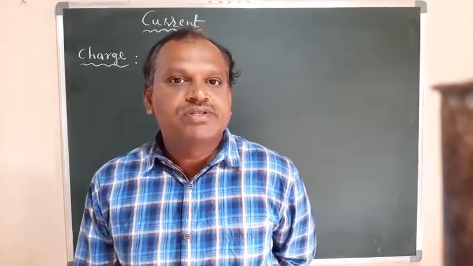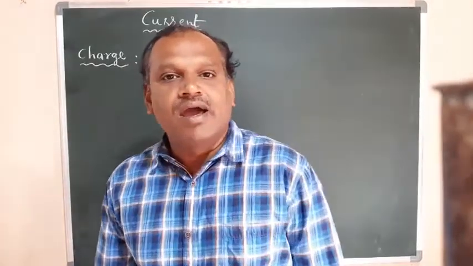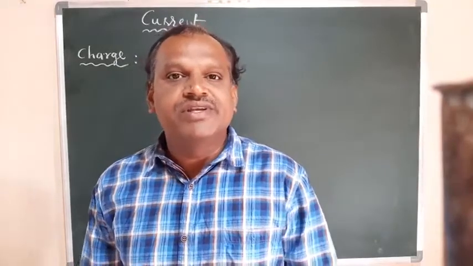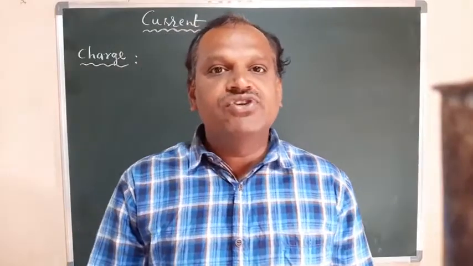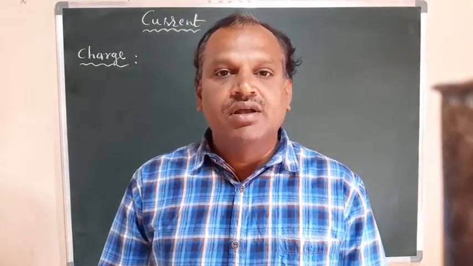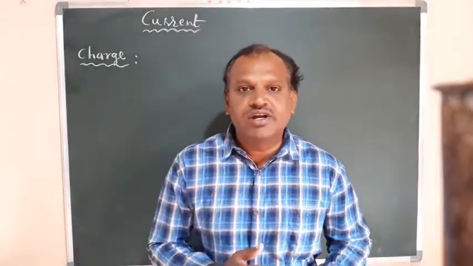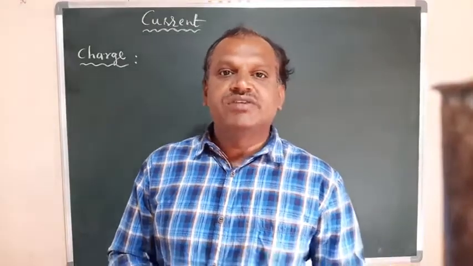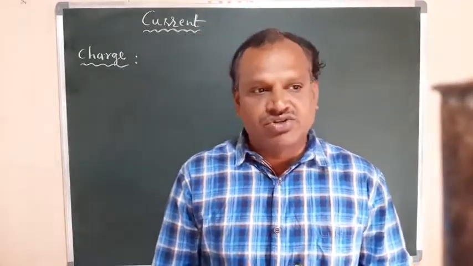Depending upon the number of protons and electrons in the given matter, the matter can have positive or negative charge. So it is a property of the matter where excess or deficiency of electrons is present. Charge is related to the number of electrons in a given matter. Excess or deficiency of electrons in a given matter is called charge, right?